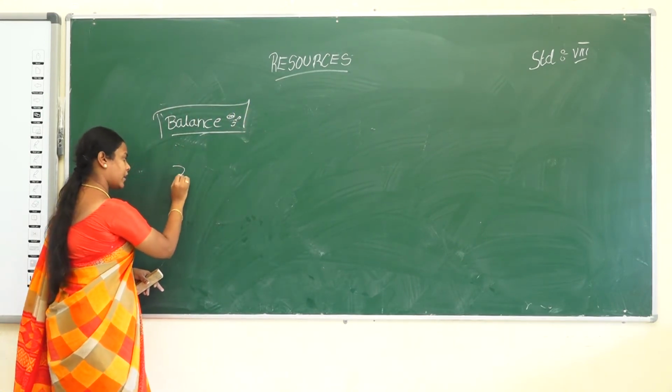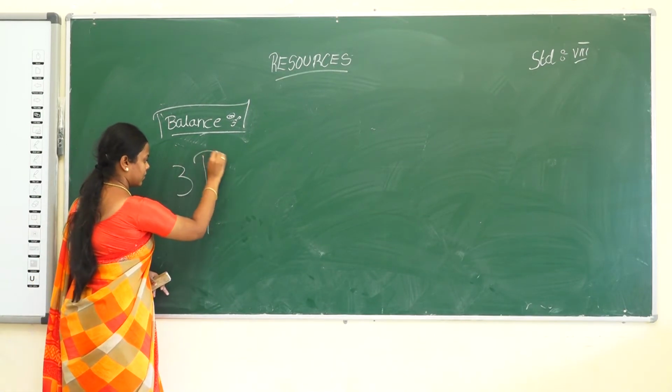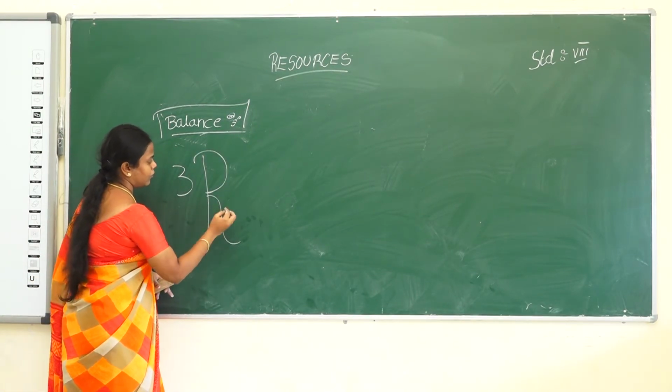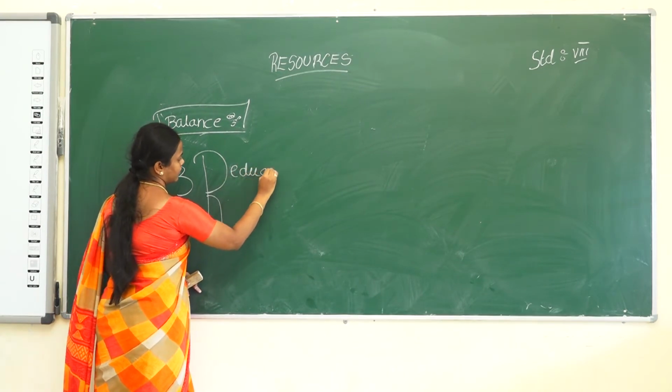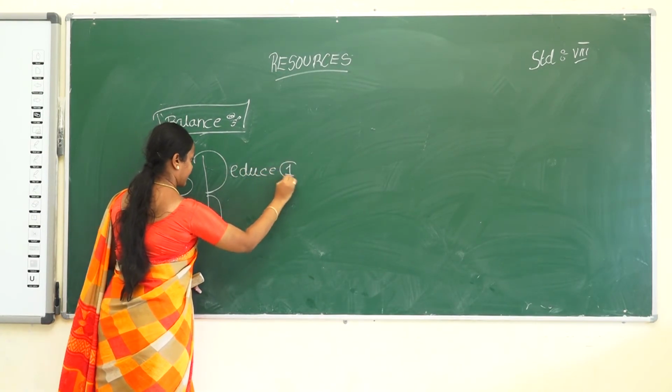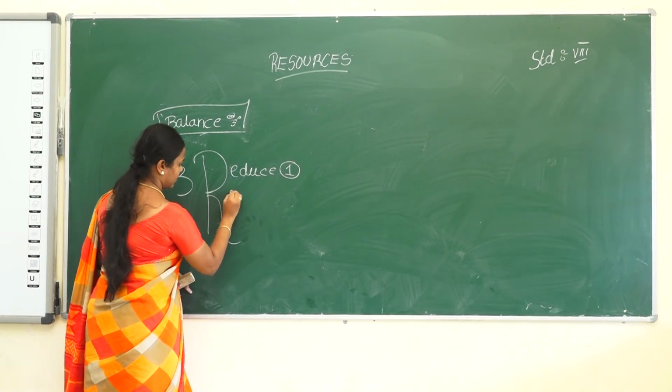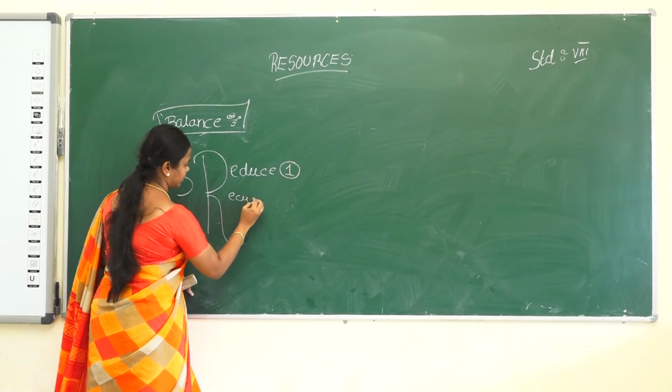These are the classification of natural resources. For that, 3 R's are to be followed. The first one is reduce. The second one is recycle.